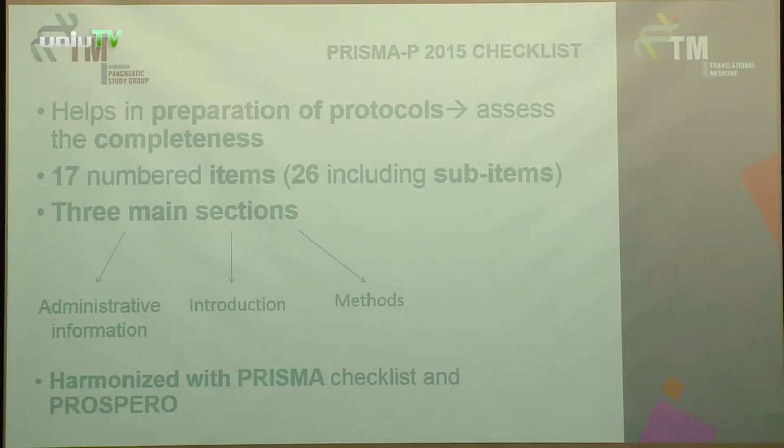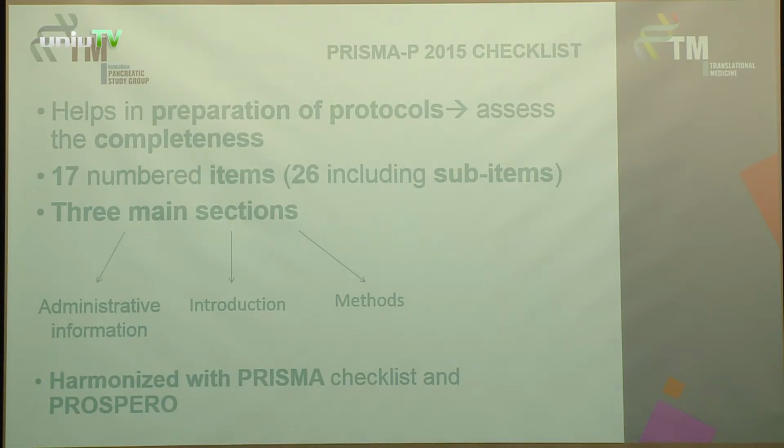It contains 17 items and 26 sub-items, which can be divided into 3 main sections: the administrative information section, the introduction section, and the methods section. These sections and points will guide us on how to plan a correct review or meta-analysis.